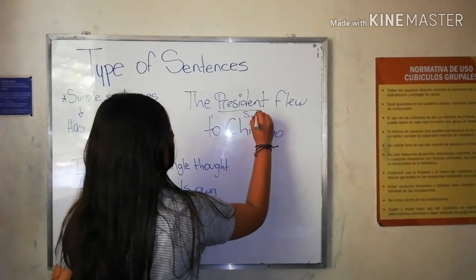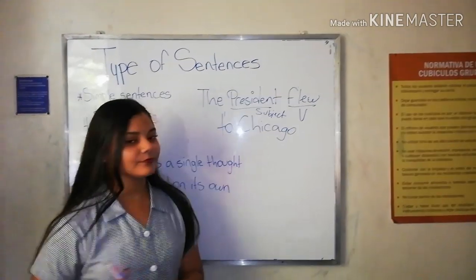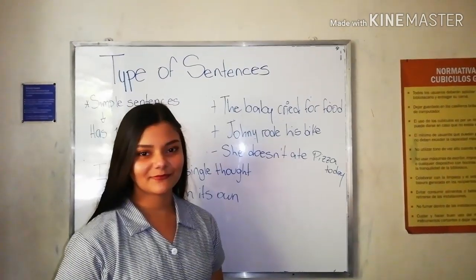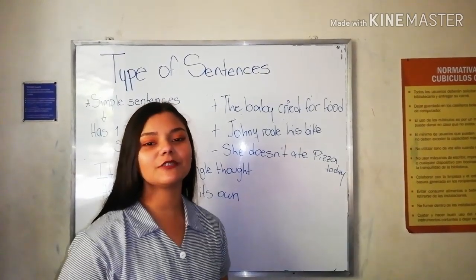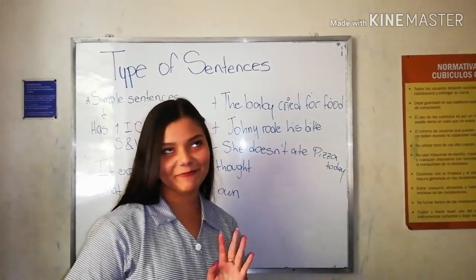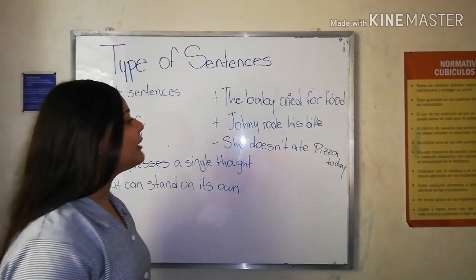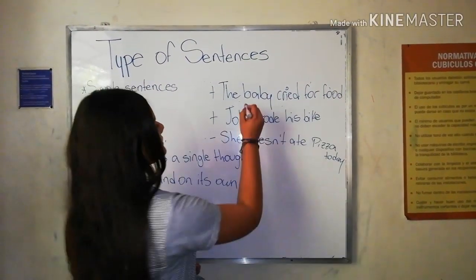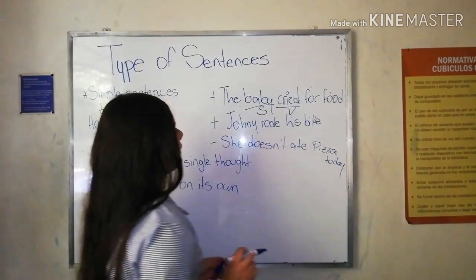President is the subject and the verb is flew. A simple sentence can also have a compound subject or a compound predicate. Another example is the baby cried for food. The subject is baby and the verb is cried.